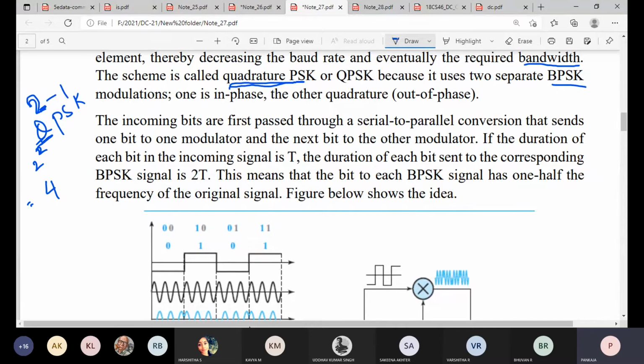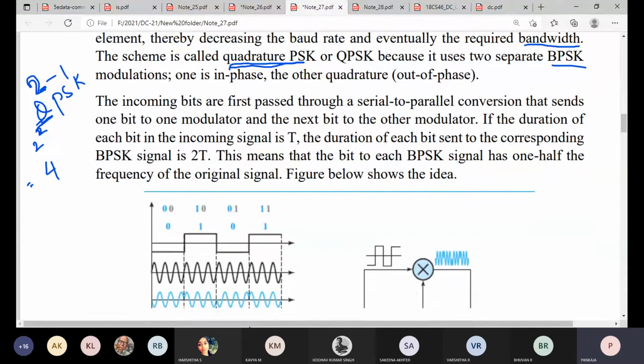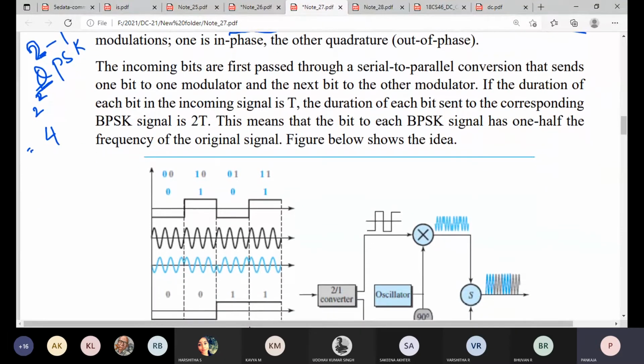So you need 4 phases to represent QPSK. Different phases means different degrees used to represent the signal element.